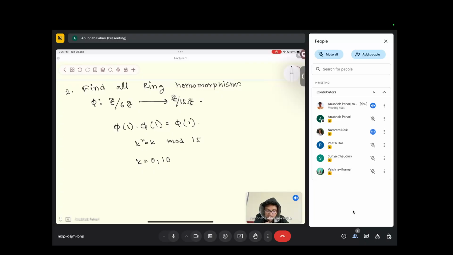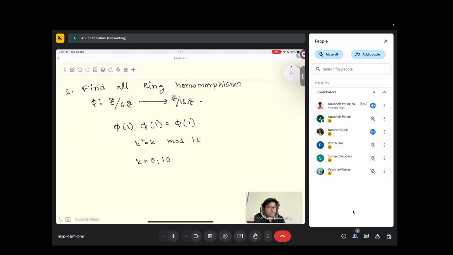So you are saying that phi of 1 goes to 1? 10 square is 5 modulo 15, right?